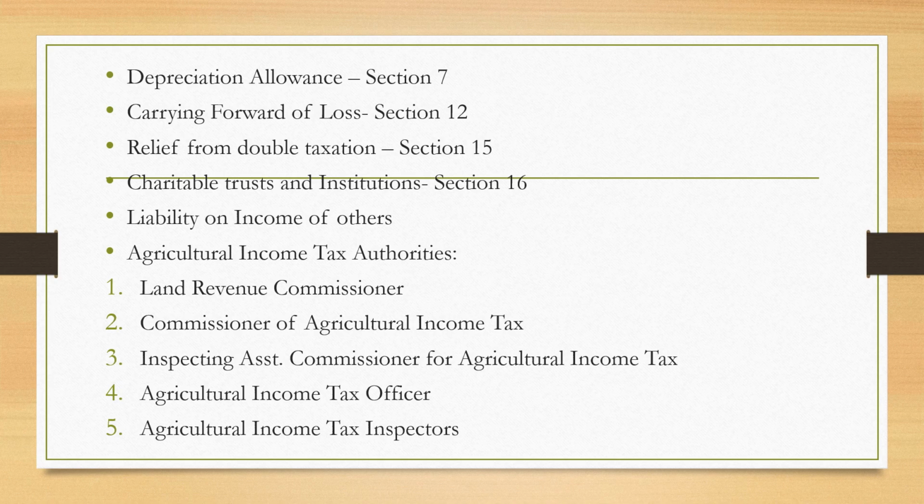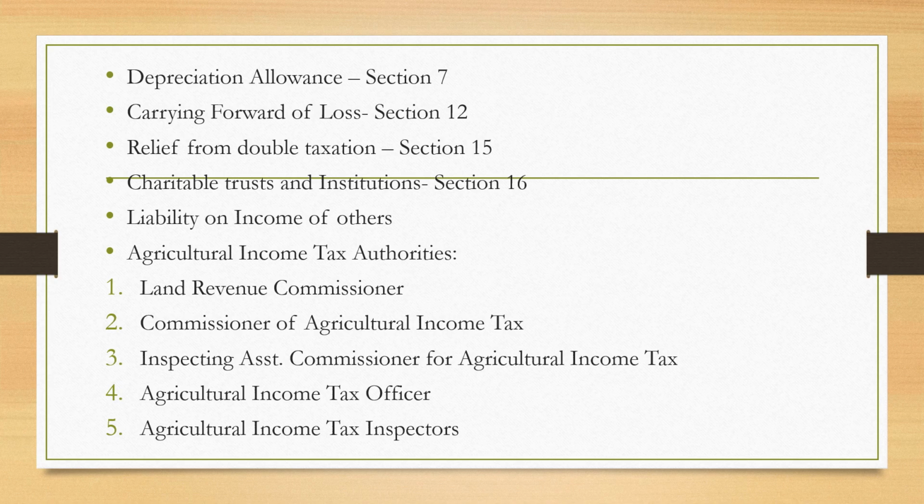Then we have jurisdiction of agriculture income tax officer. Now, the agriculture income of a person shall be assessed by the agriculture income tax officer of the area in which is situated the greater part of the land from which the agricultural income is derived.